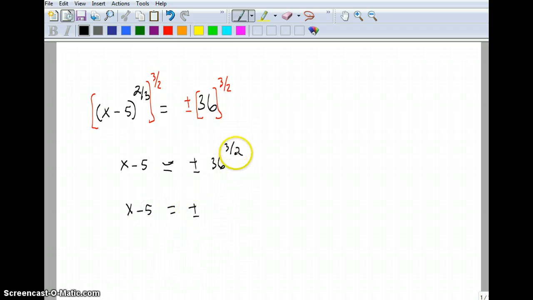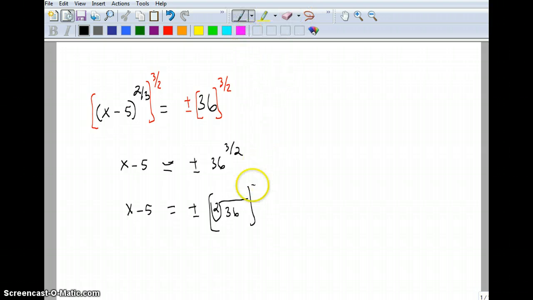So when we do this conversion to radical form, remember the denominator becomes the index of the radical, so it's going to be a square root of 36. And then the numerator becomes the exponent that we're going to raise that square root to. We're going to raise that square root to the 3rd power.